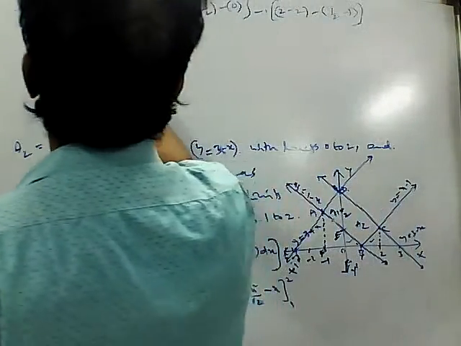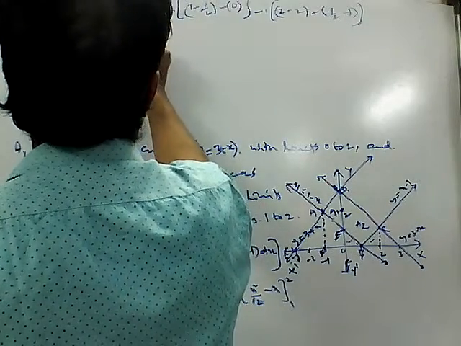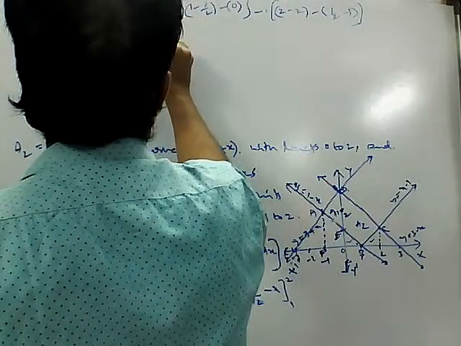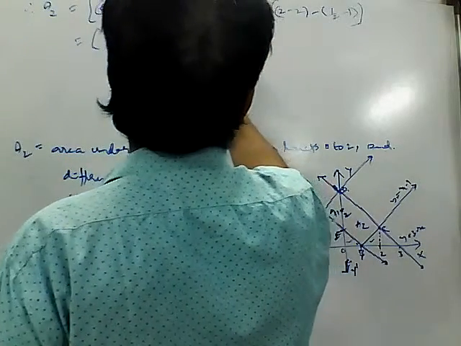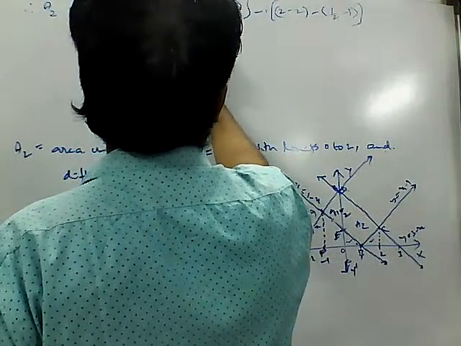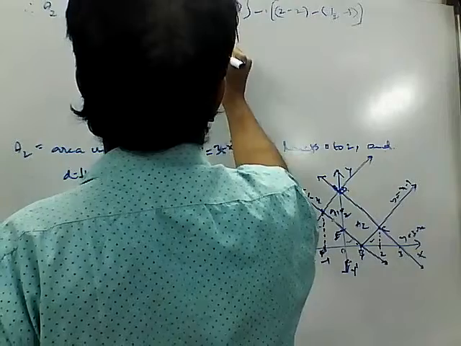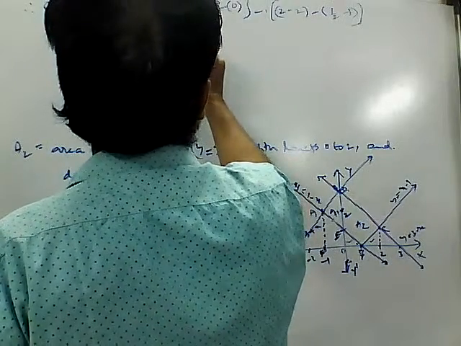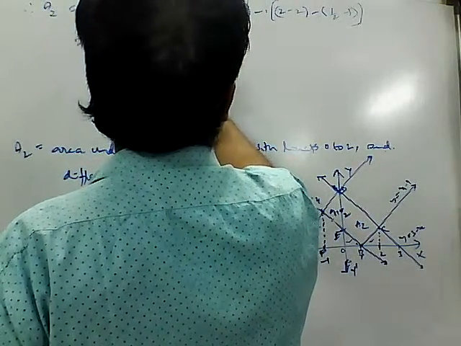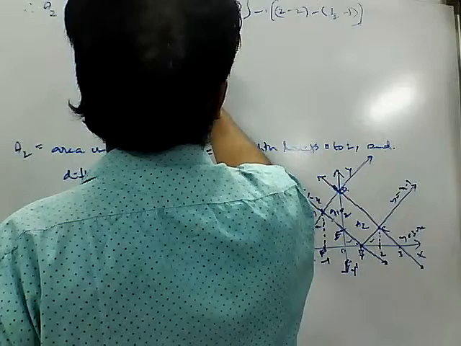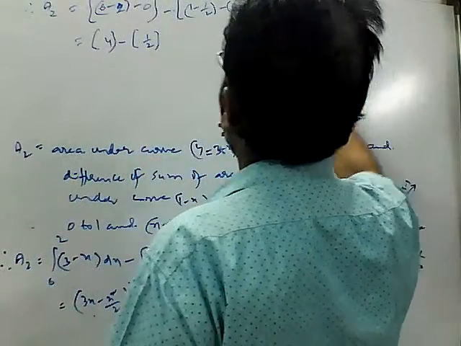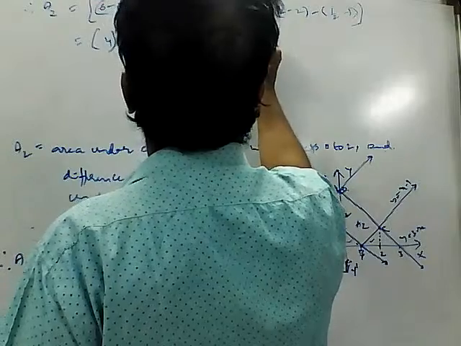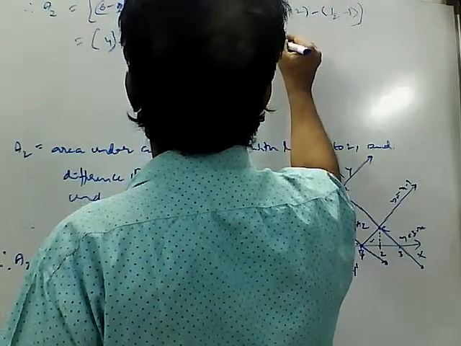That is equal to 4 minus half, minus of 0 plus, minus half plus half minus half. That is equal to 3 square units.